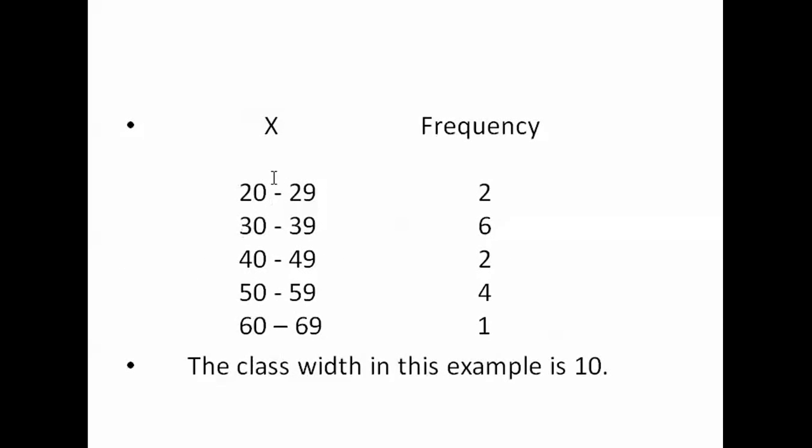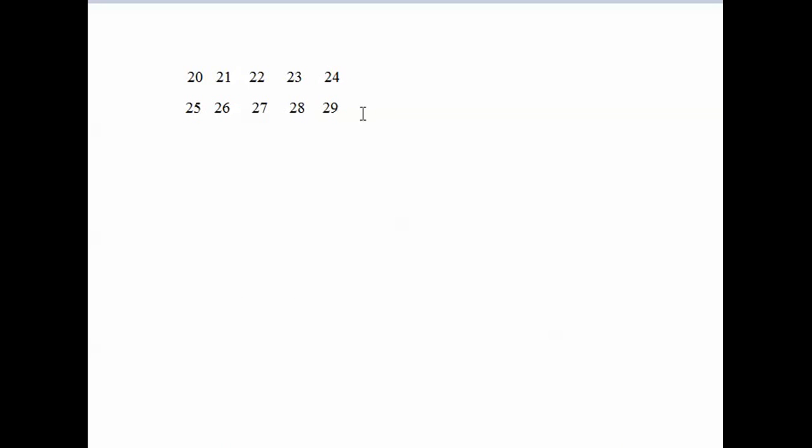And what if instead we had a different table in which the intervals were 0 to 49? I'll do an example right here. What if it was 0 to 49, and then 50 to 99, and then 100 to 149, and then 150 to 199.